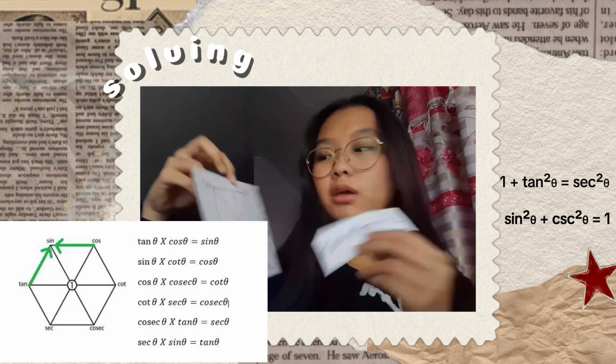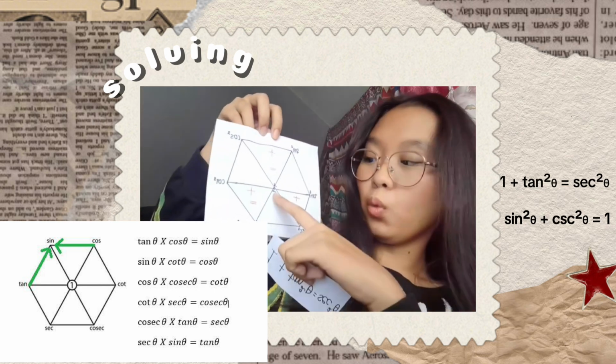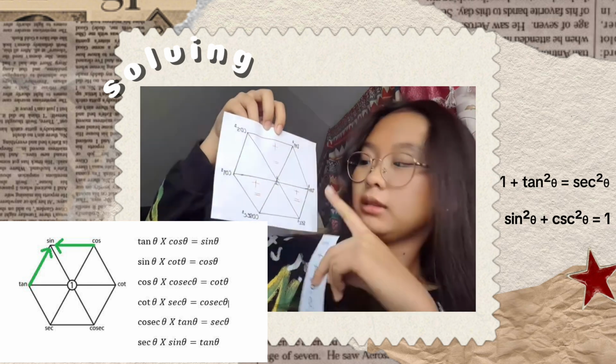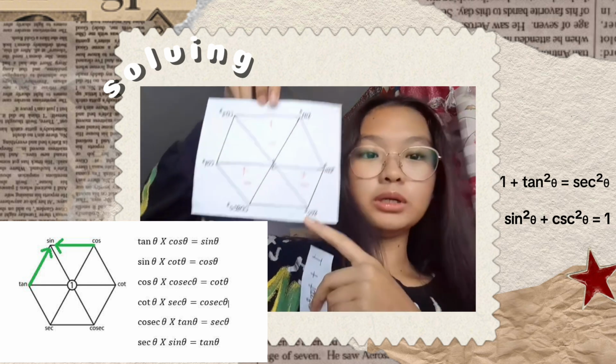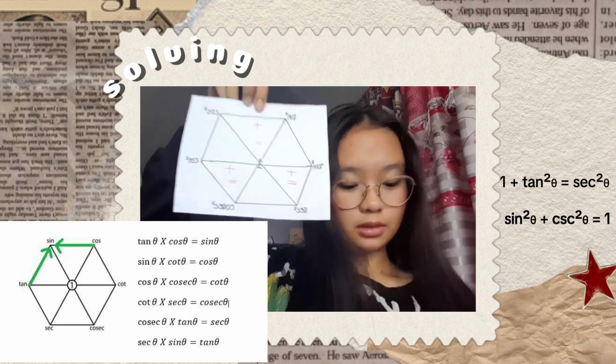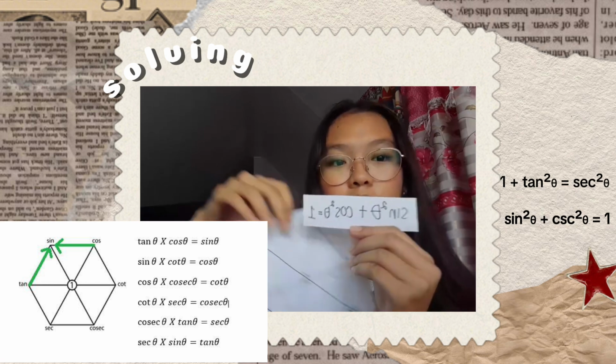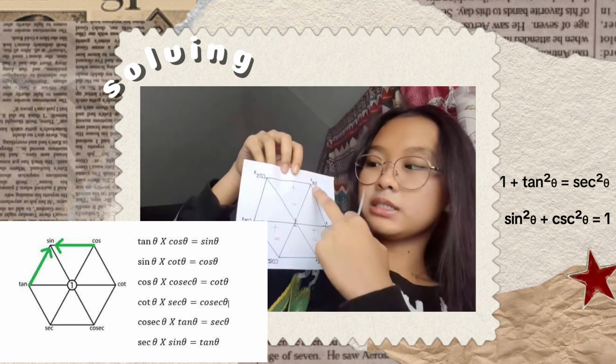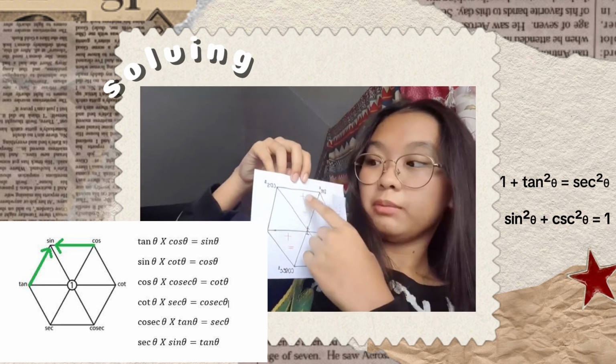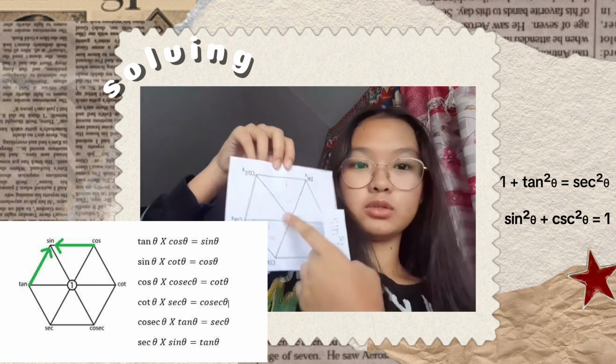For our first example, we can prove this because we can see here that 1 plus tangent squared theta is equal to secant squared theta. For our second example, we can prove this because we can see here that sine squared theta plus cosine squared theta is equal to 1.